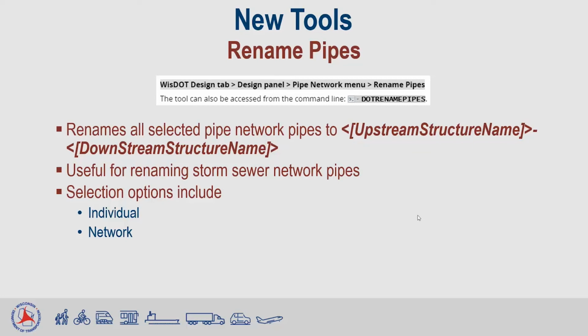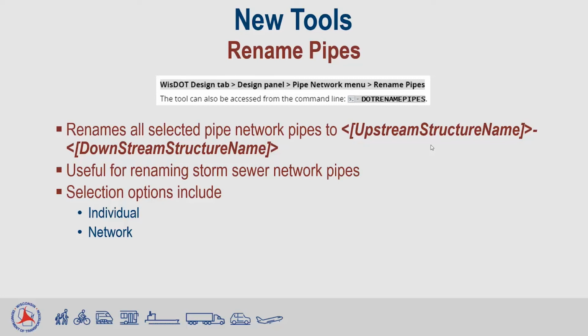At least here at WisDOT, we name our storm sewer pipes with this naming convention: upstream structure dash downstream structure. By default you don't get that naming convention with your pipes in a storm sewer pipe network. So this tool just goes ahead and renames all the pipes for you, so you don't have to do that manually.